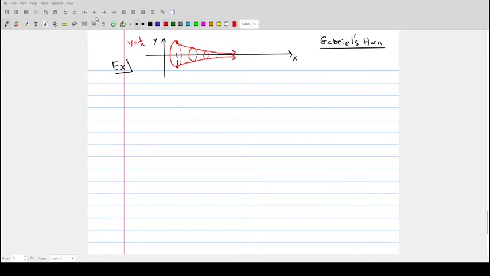And we could ask a number of different questions, specifically, what's the volume of this surface of revolution? The volume is going to come directly from our volume of the surface of revolution formula, which will be the integral from 1 to infinity of the cross section, pi times f of x squared dx.